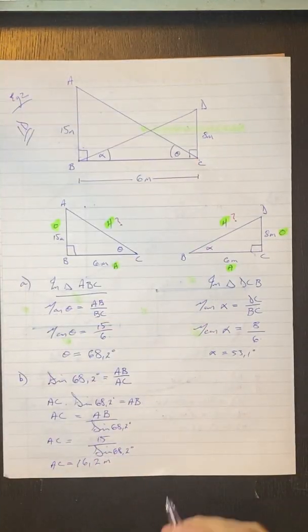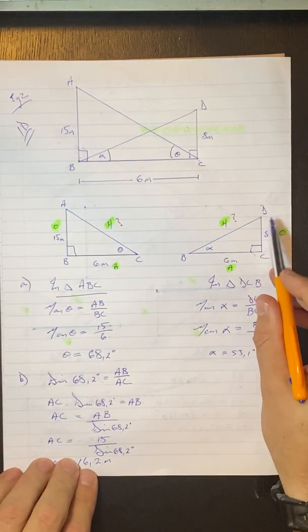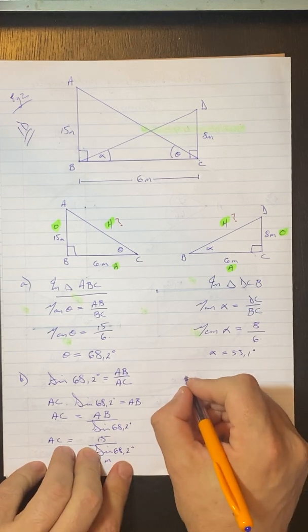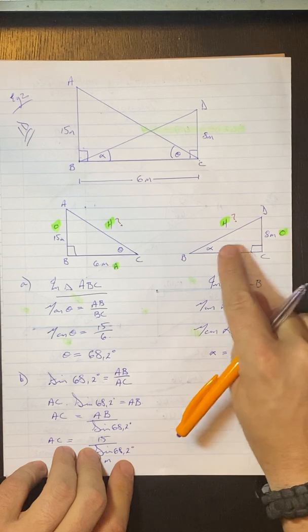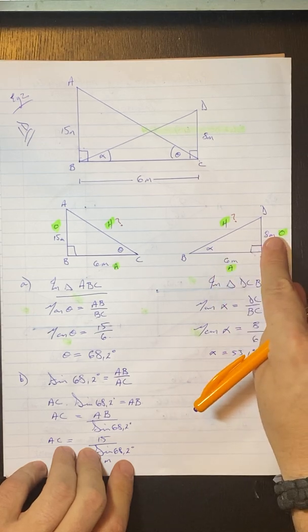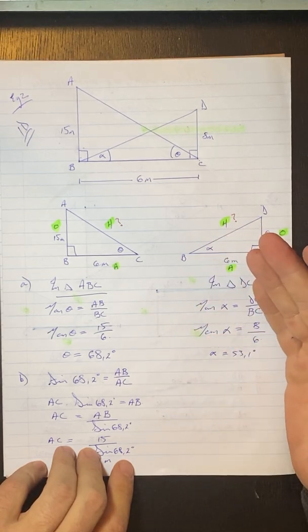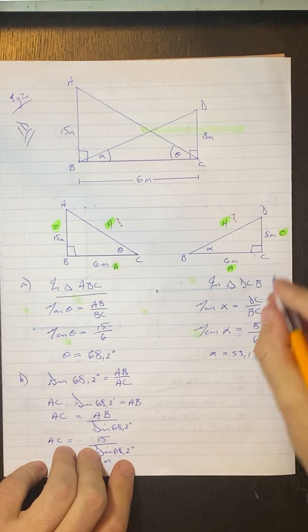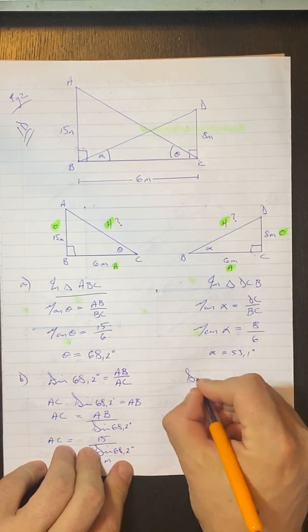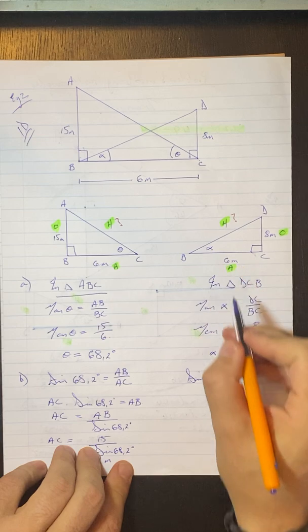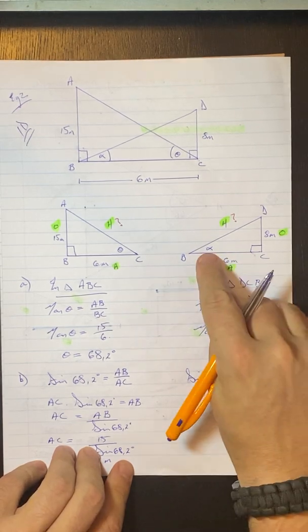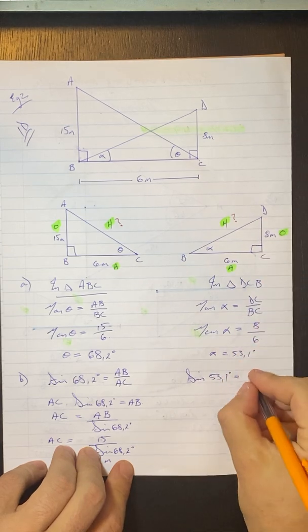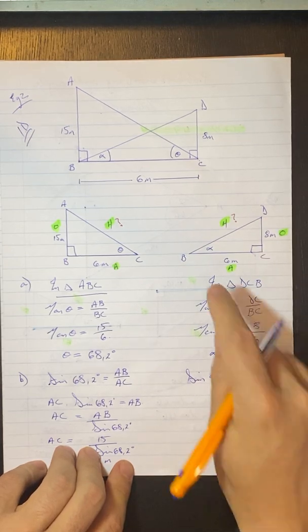Moving on to the next one. So we have to find the length of this rope, which is DB. And again, I'm just going to use this O. All right, so we're looking for a trig function that has the OH, which is going to be sine. Silly old hens. So for this one here, we know that sine, now we know what alpha is, it's 53.1, will be equal to O is DC, or CD, over BD.